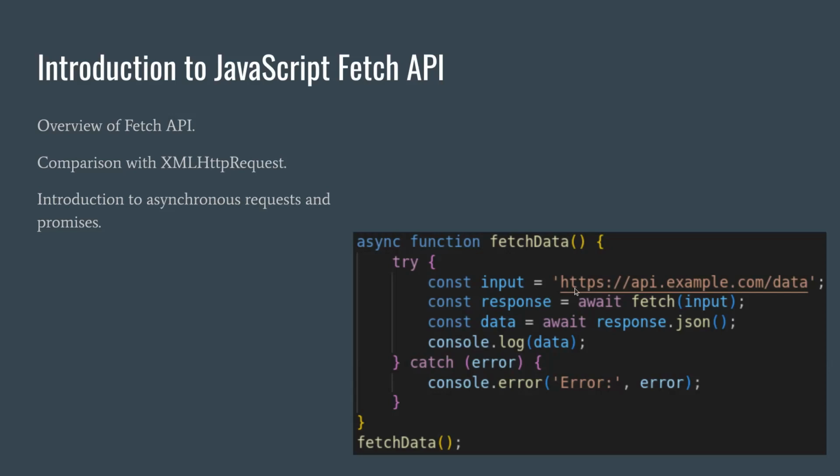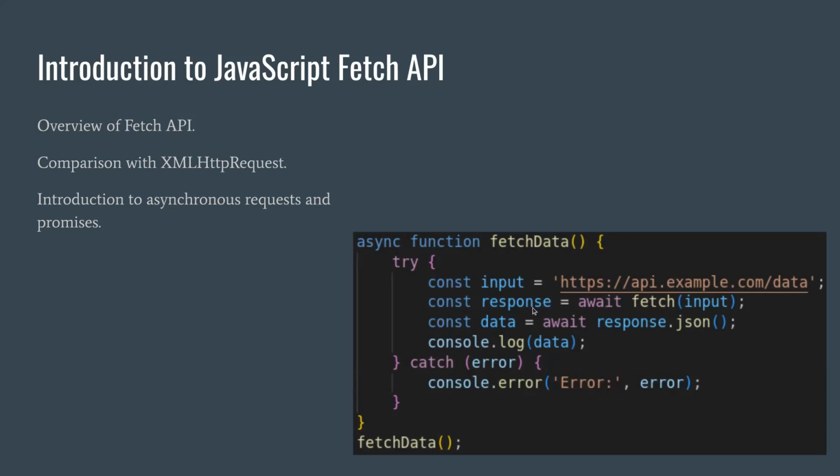first set the URL for the API endpoint, and we can call the fetch function by providing it as a parameter. By awaiting fetch, we will get a response.